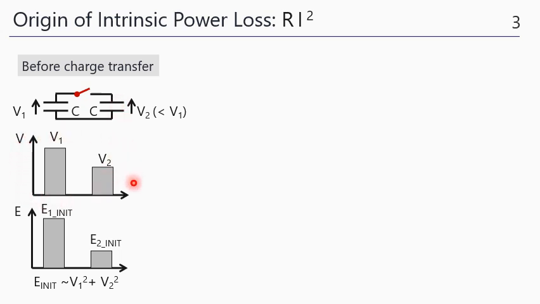This graph shows the voltage and energy stored in each capacitor. Because V1 is greater than V2, of course the stored energy E1 is also greater than E2. However, this difference is greater than this because the energy is proportional to voltage squared.